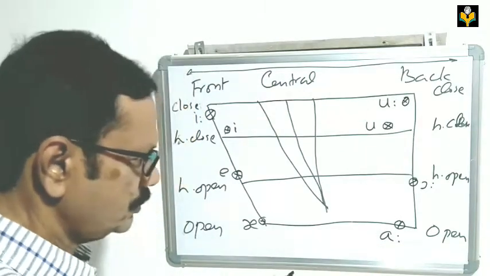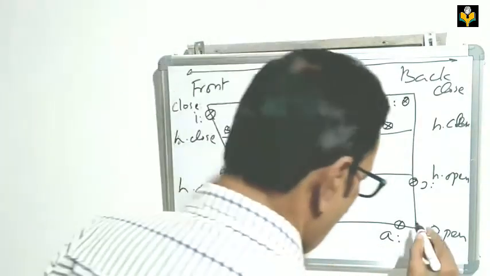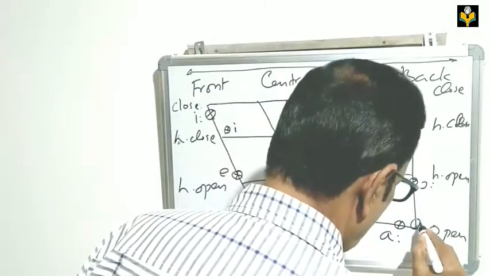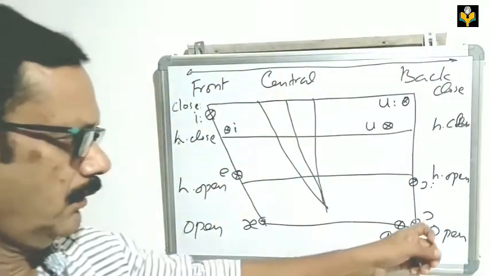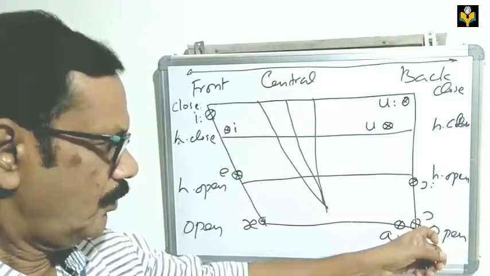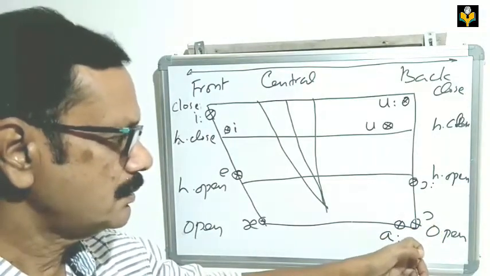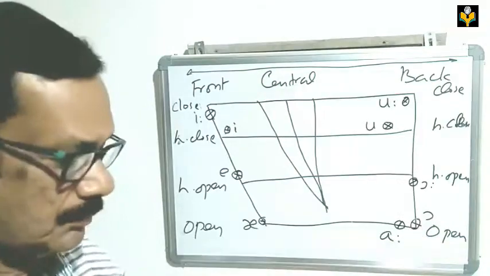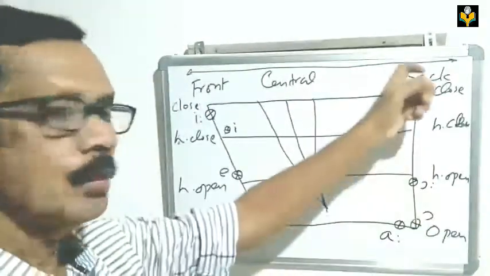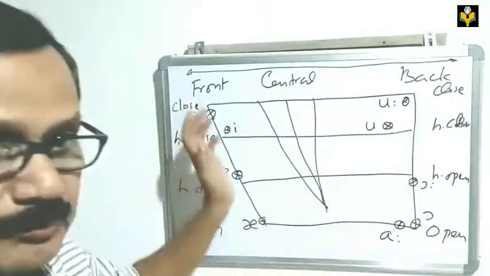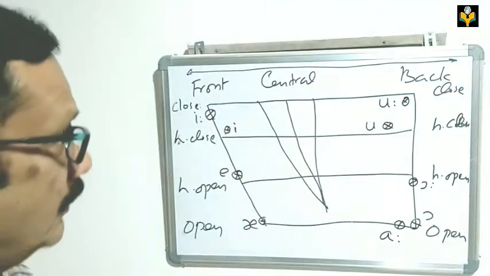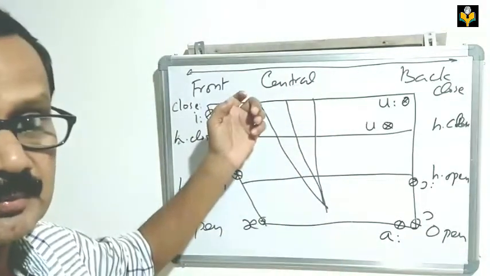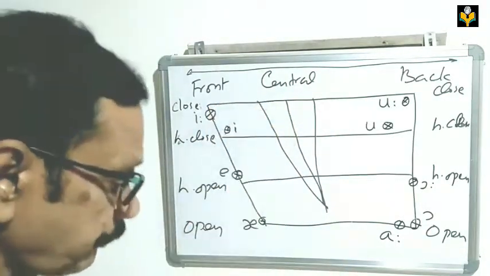Then one more, this is O, back open, rounded. So we can have 9. Three more remaining. These three are central vowels.